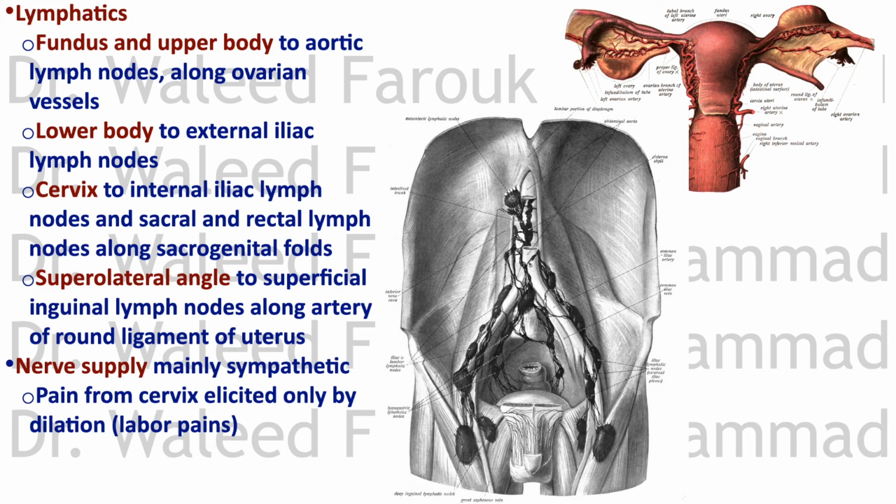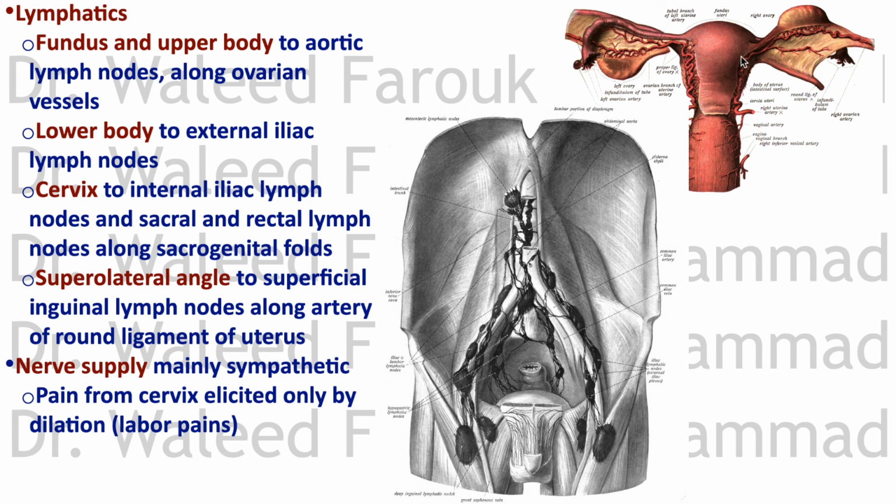Lymphatics of the uterus. Now this is important. The fundus and the upper body drain into the aortic lymph nodes along the ovarian vessels. The lower body drains to the external iliac lymph nodes. The cervix drains to the internal iliac lymph nodes, along the sacrogenital folds.